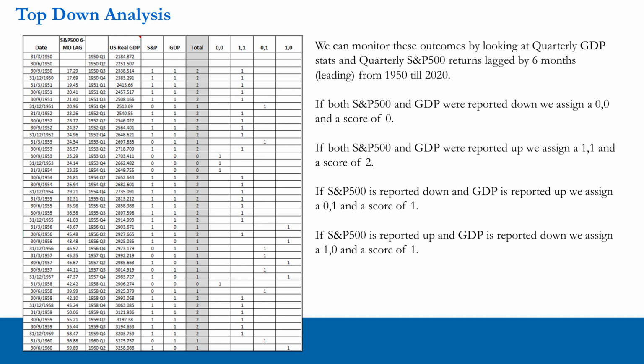And the outcome for a 2 total is when S&P 500 and GDP were both reported up. So we assign a score of 1 and 1, and we get to a total of 2. And we can analyze all of this data to better learn and understand what the relationship is between the S&P 500 and GDP, and whether S&P 500 predicts GDP and to what level of accuracy.